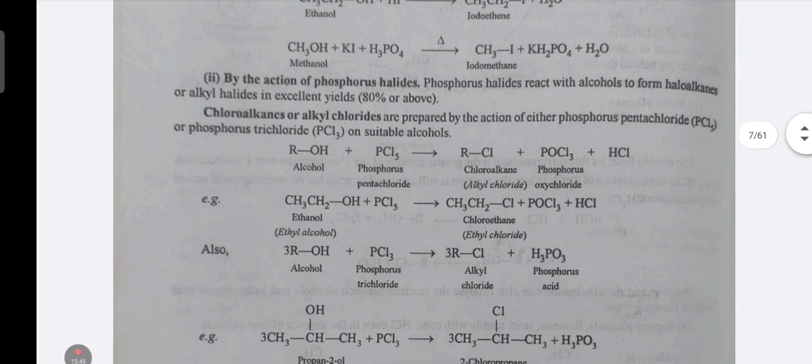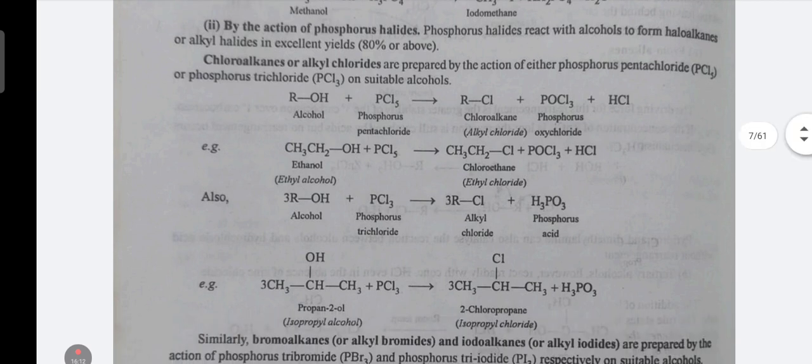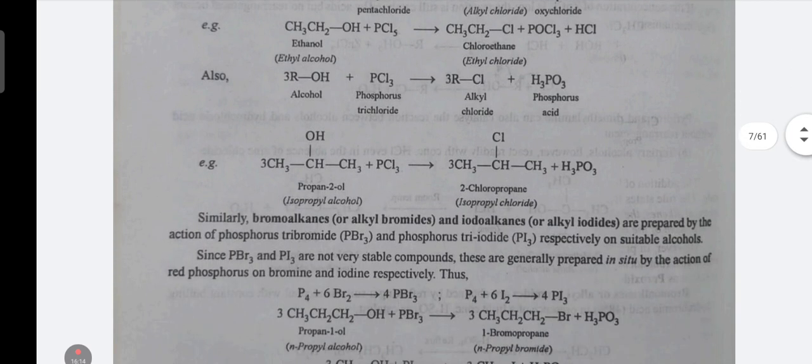Phosphorus halides react with alcohol to form haloalkane or alkyl halide in excellent yield. Chloroalkane or alkyl chloride is prepared by the action of either phosphorus pentachloride or phosphorus trichloride on a suitable alcohol.